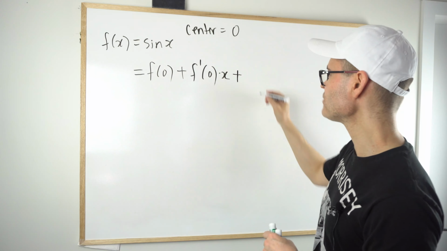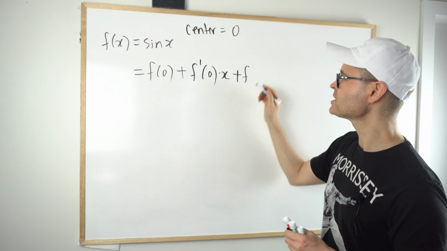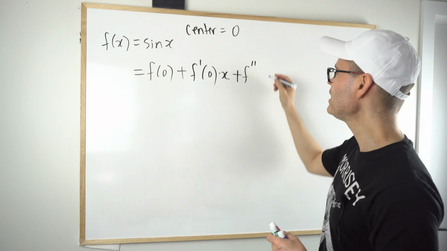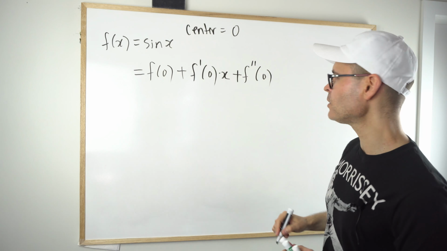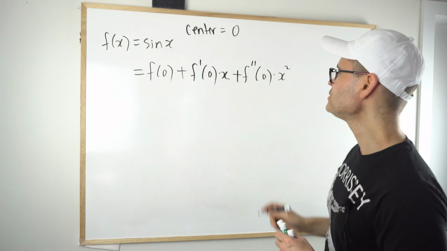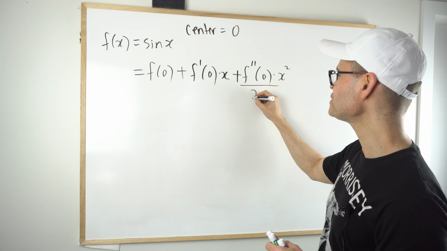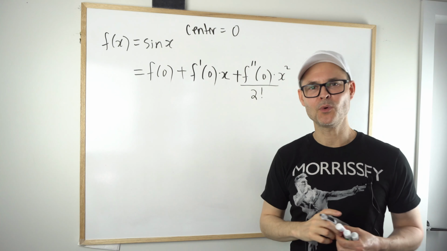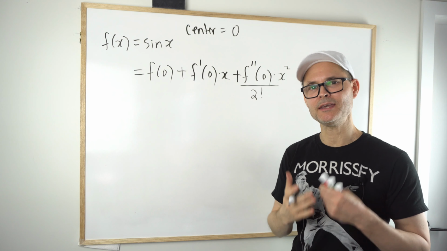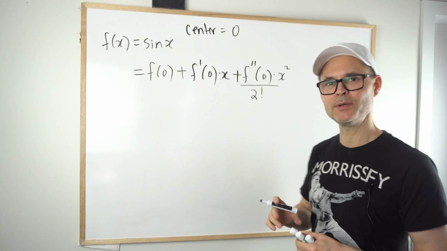Again, when just using this idea of coefficients, the coefficient for the quadratic will be the second derivative. Again, we're centering this at 0. I'd like that accuracy at 0. Times the quadratic. Just a little curveball here: I do have to adjust the coefficient for a factor of 1 over 2 factorial, which may not be intuitive, but it is an important part of the polynomial that I'm building here.